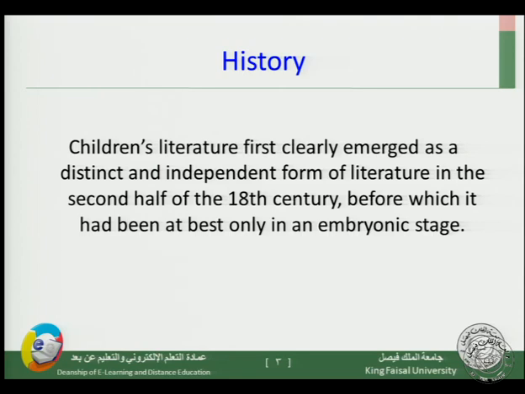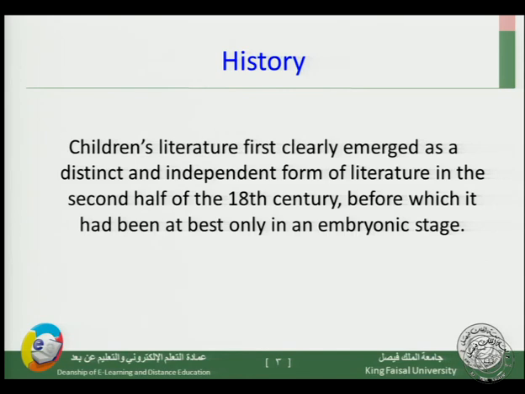So once again, when did it begin as a clear branch of knowledge, genre of literature? In the second half of the 18th century. Did children's literature as a form exist before the 18th century? Yes, it existed, but just like the novel. When you studied the rise of the novel in the 18th century, before the rise of the novel, there were some examples of the novel in earlier versions of it, right?